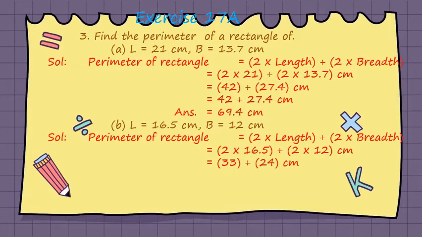So 2 multiplied by 16.5 plus 2 multiplied by 12 centimeters. So this in turn is equal to 33 plus 24 centimeter, which is equal to 57 centimeters. So the perimeter of rectangle is equal to 57 centimeters.